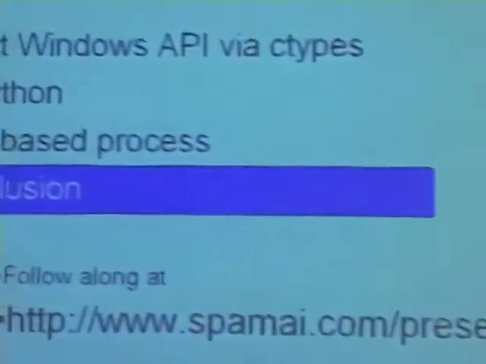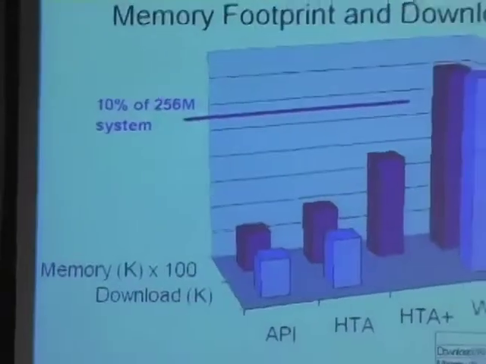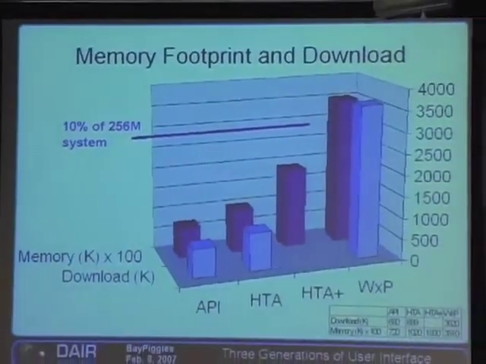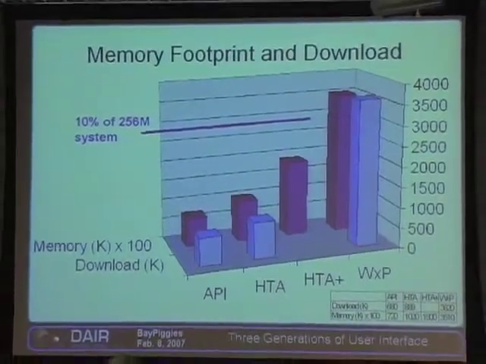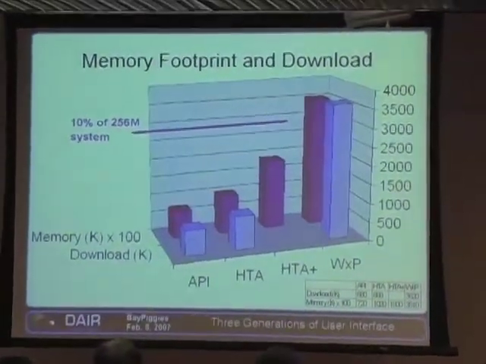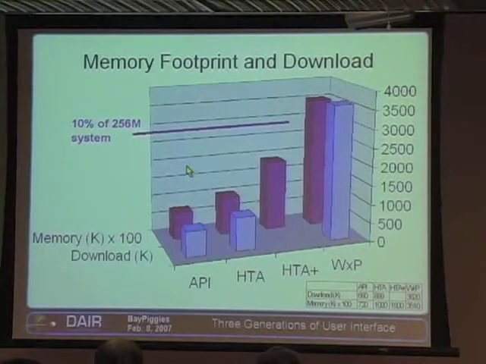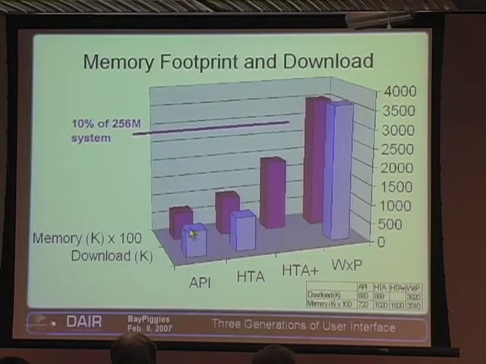All right. So, conclusion. I did this. Part of what was driving a lot of this was memory considerations. Going direct to Windows, the download size and the amount of memory, which I'm showing both, were fairly small.